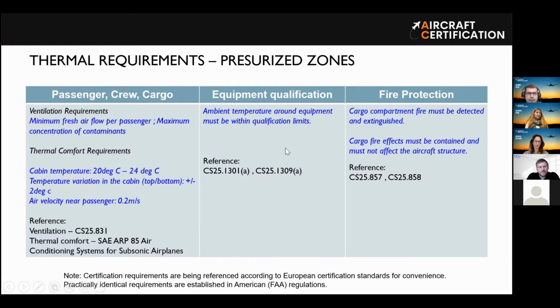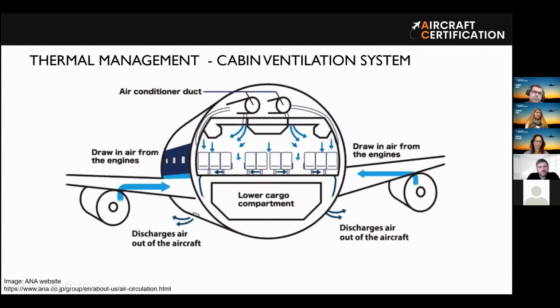Okay? So now we said that we have this operational envelope, we have these zones, the pressurized and the unpressurized zones, and we have some requirements. And now looking specifically at the pressurized zones, what can we do to guarantee that we are complying with those requirements?